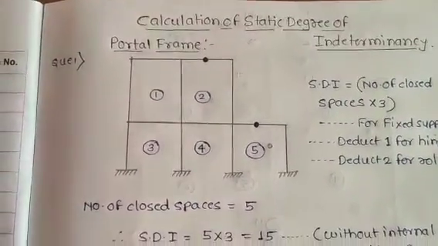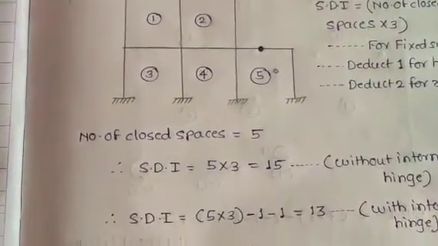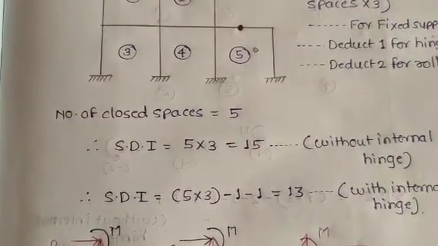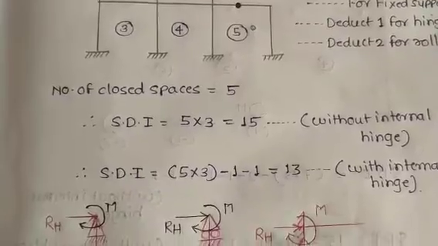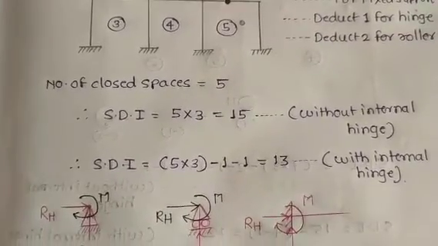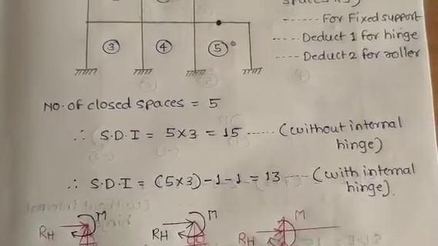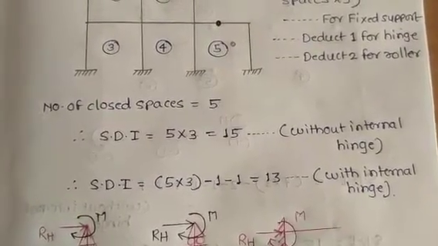As per our formula, we have counted the number of closed spaces, that is equal to 5. Then you have to find out the static degree of indeterminacy without considering these internal hinges and with considering these internal hinges.